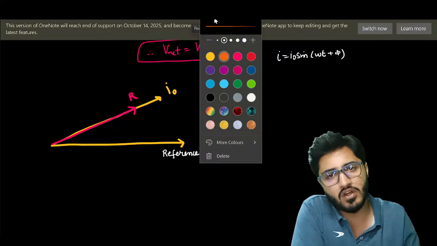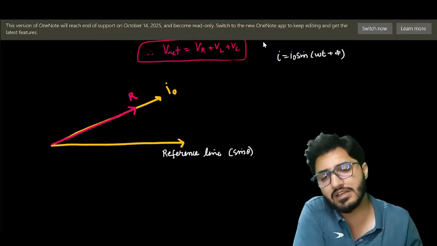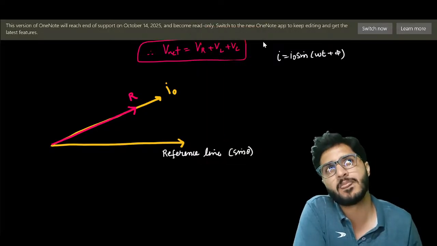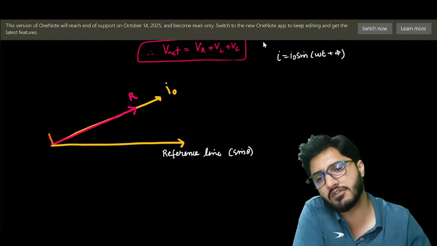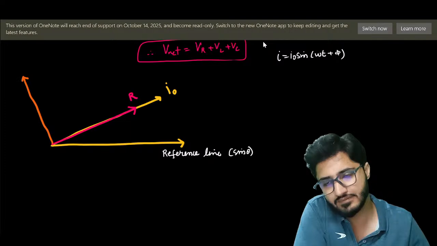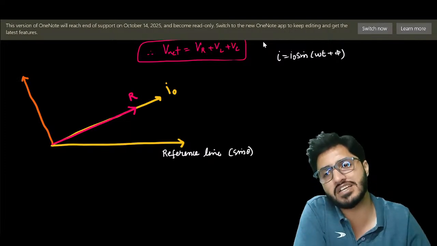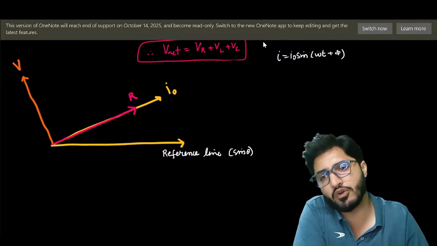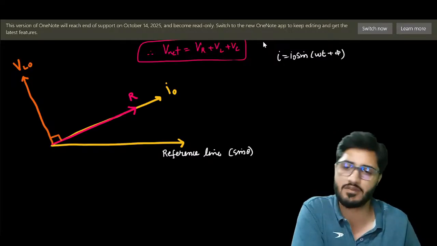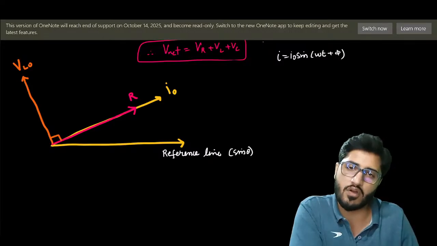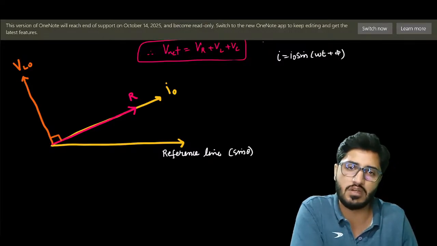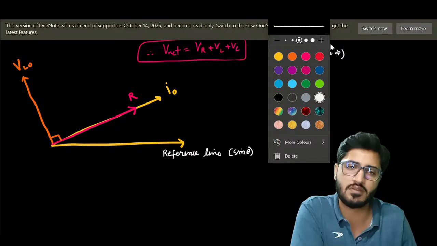Now, if we are talking about the inductor, my potential VL naught leads by 90 degrees. If we talk about the capacitor, what will happen in the capacitor?